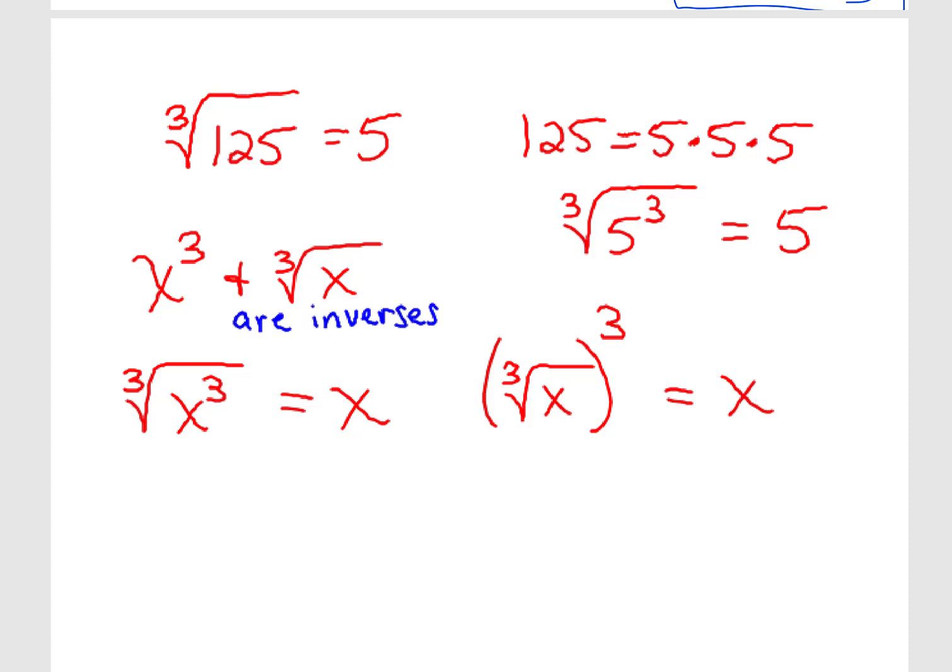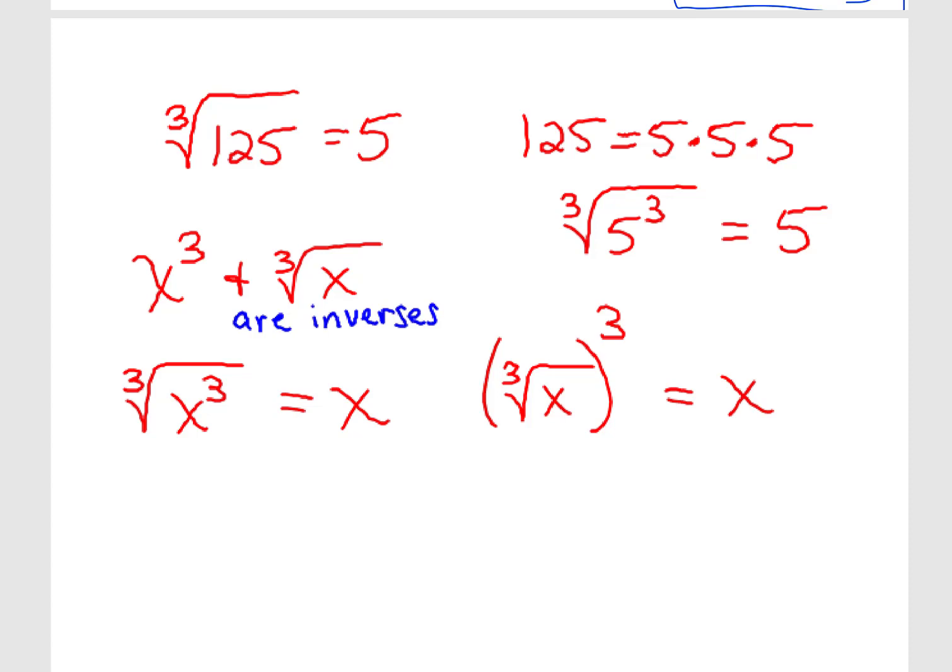So those would be inverse functions, finding the root to something or raising it to a power. Those are inverse operations, as is addition and subtraction or multiplication or division. So when we go to write the inverse function, if we want to undo something that's being raised to a certain power, then we're going to find the root of that same value.